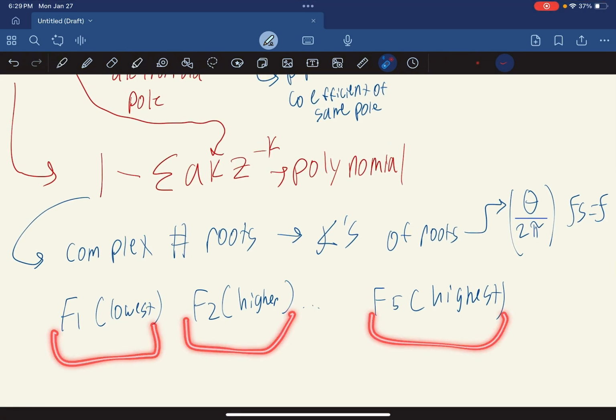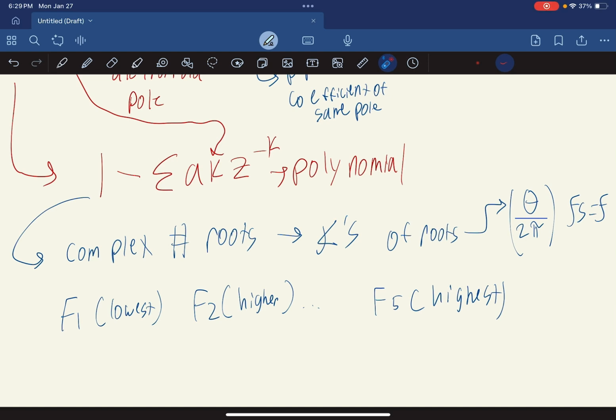F1, F2, F3, F4, F5, right? Typically your F5 values are going to be your higher values, and your F1 values are going to be your lower values. Typically, your formants towards the beginning are the more important, because while higher frequencies in the human voice certainly matter, a lot of what we do is in that lower frequency range, which is why F1, F2, F3, F4 are the ones that matter the most.